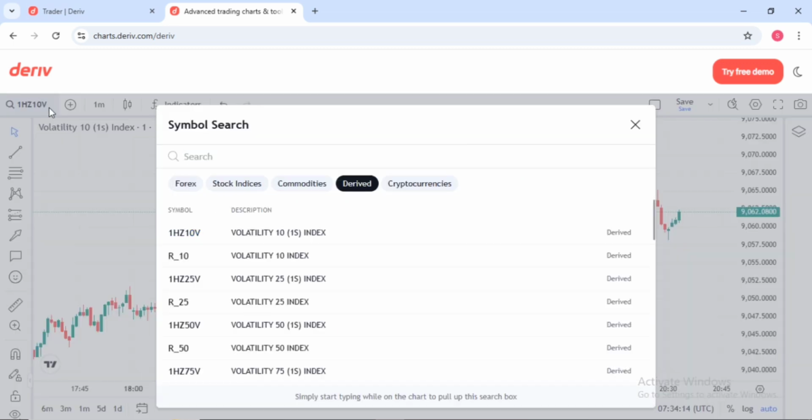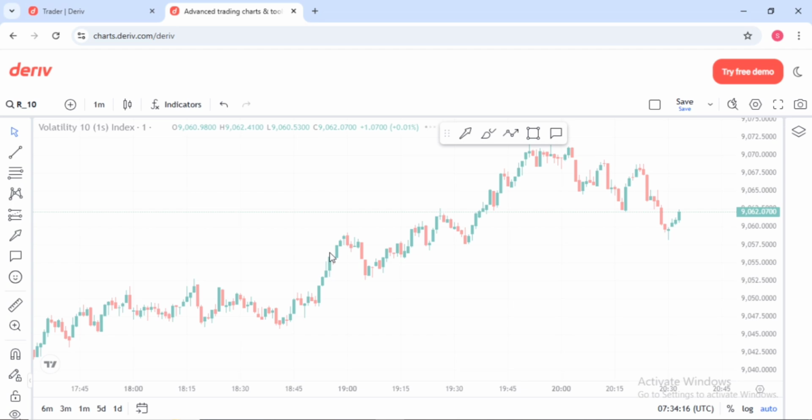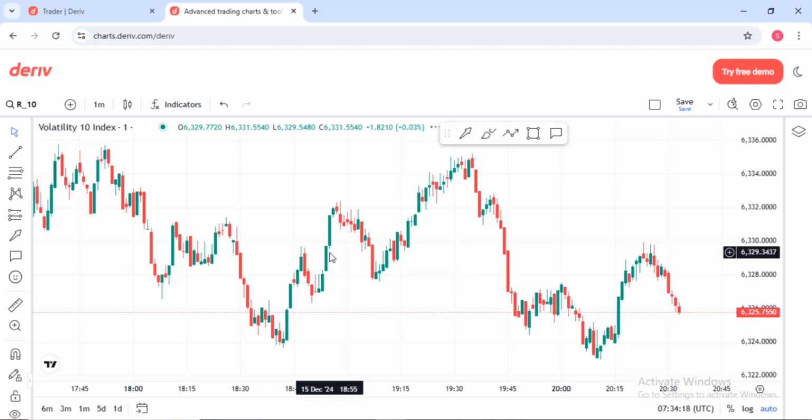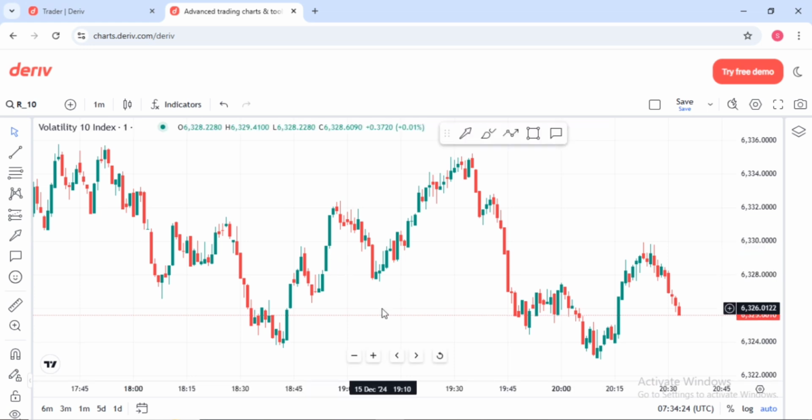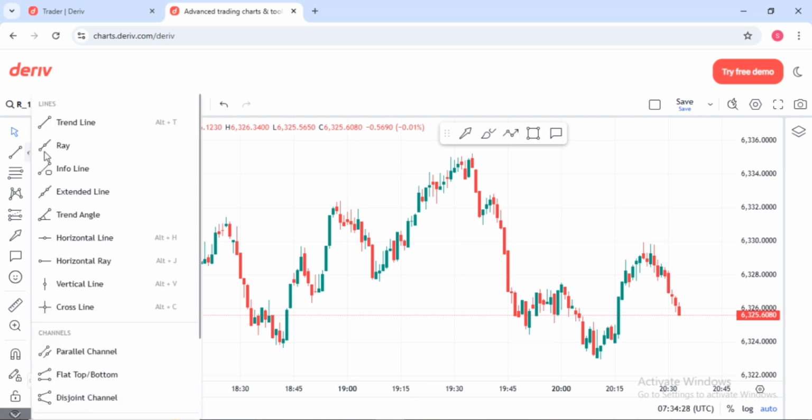10 1S. 10. It's a simple strategy, by the way, if you understand it. For instance, here we have a support at this point.